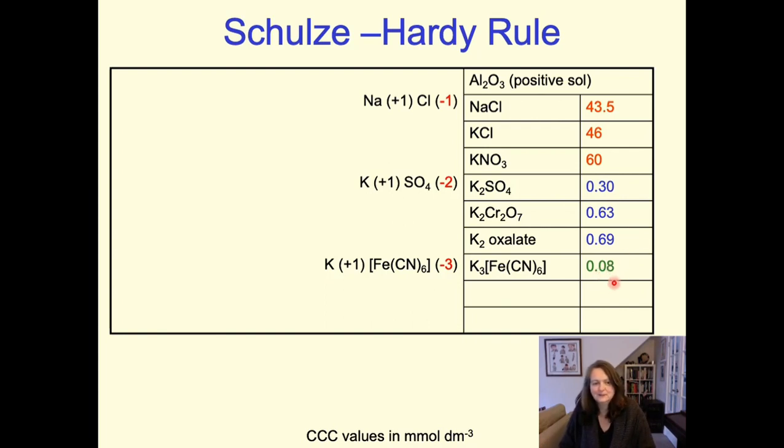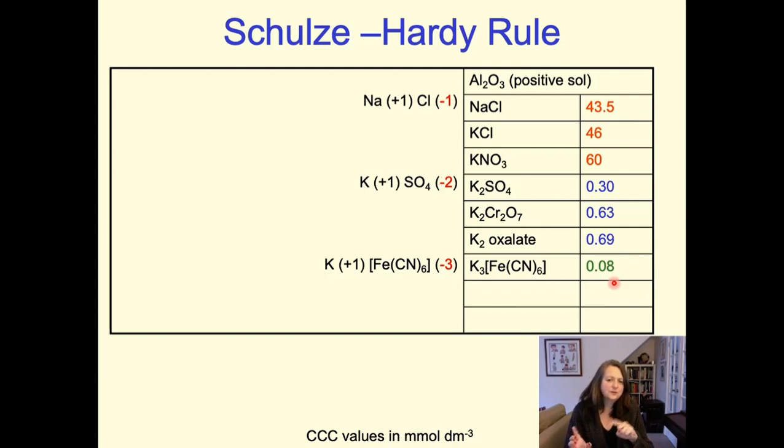So if you use an electrolyte with a high charge number for the counter ion, so the opposite charge to the charge on the surface of the particle, you will be able to lead to flocculation of your sample using very low concentrations of electrolyte.